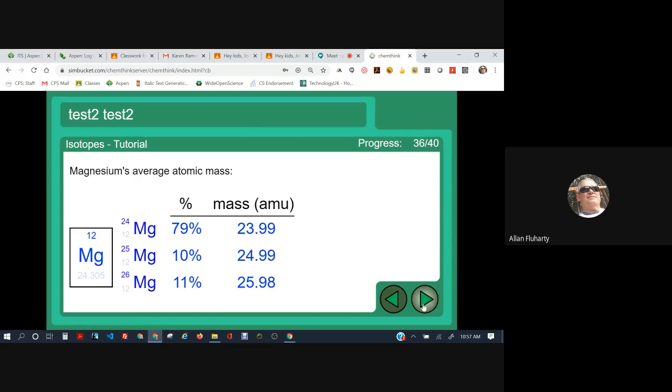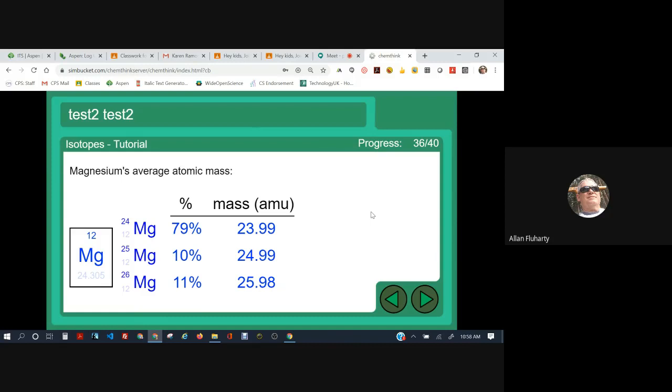Here are the percentages. The lightest form of magnesium is the most abundant. 78% of the magnesium that you find in the Earth's crust has 12 neutrons. 10% has 13 neutrons, 11% has 14 neutrons.